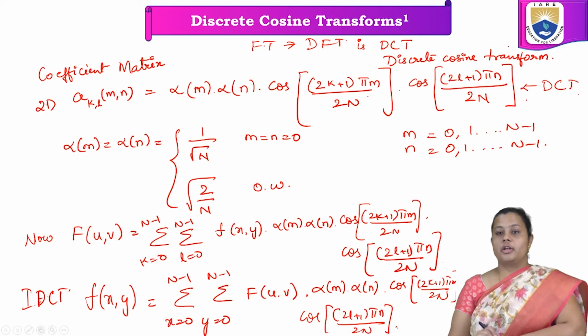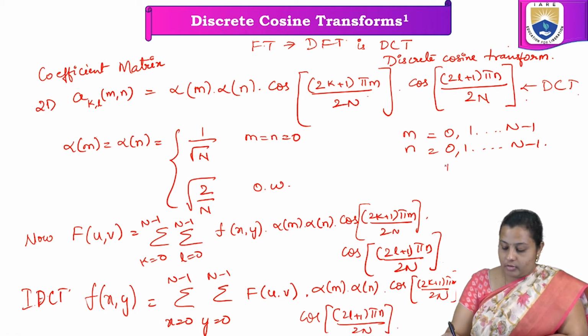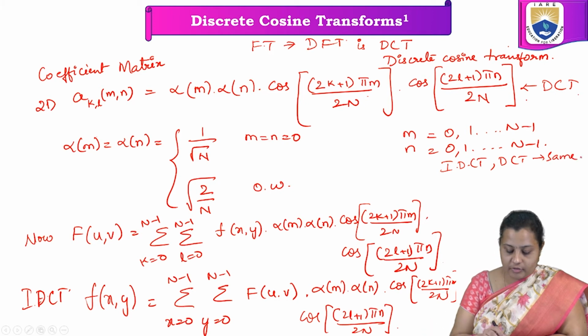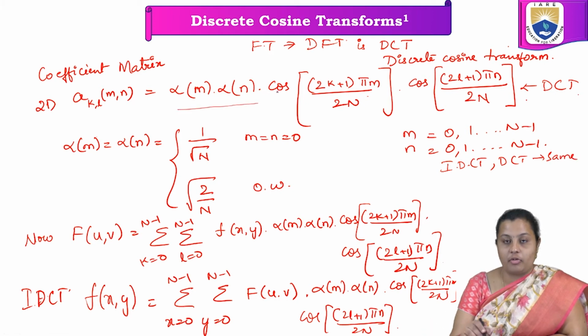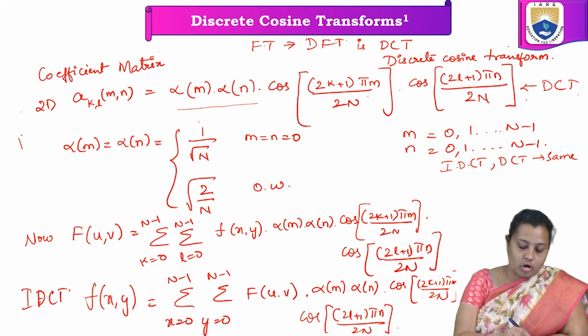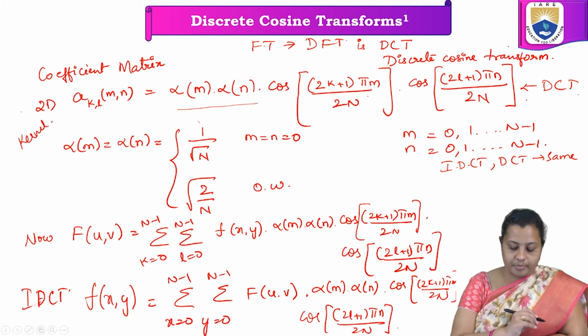So from this we can see that our inverse DCT function and our DCT function are the same, given by the formula alpha of m into alpha of n, cos (2x plus 1) pi m by 2N, cos (2l plus 1) pi n by 2N, where m and n range up to N minus 1. So this is our coefficient matrix. This can also be called our kernel.